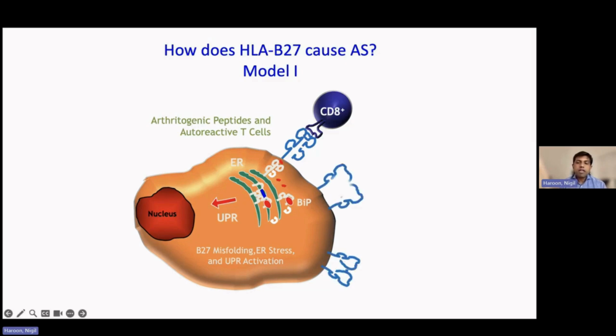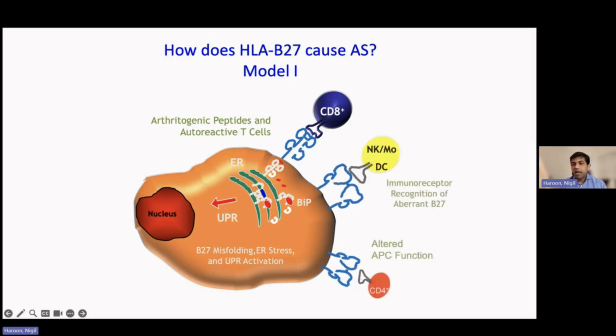The third one is that B27 may be taking on abnormal shapes on the surface, and instead of our regular immune response, maybe other abnormal immune responses may be triggered because B27 has this tendency to misfold and form abnormal structures. You can clearly see it looks different from the normal appearing B27 on the surface. So maybe it is taking a different shape, and the immune system thinks this is abnormal, and you get reactions.